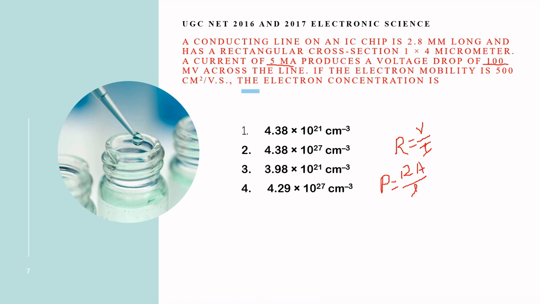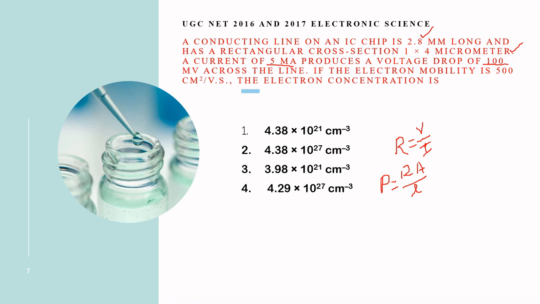Okay. So here we calculate R. What is the value of A? The cross section is 1 into 4 micrometer, so this is the value of A. And what is the value of L? The IC chip is 2.8 mm long, so this is the length.